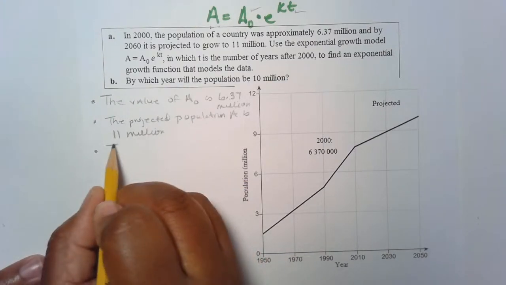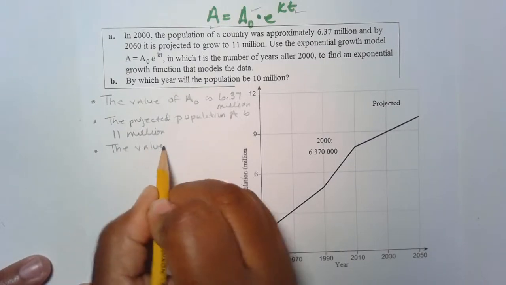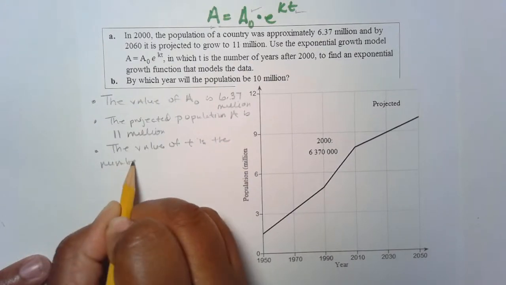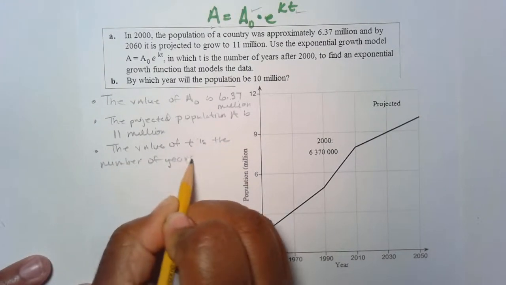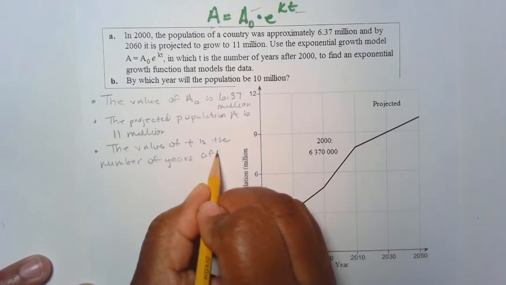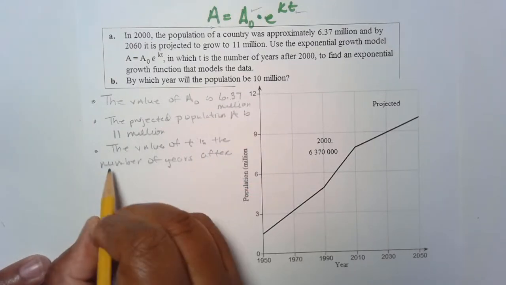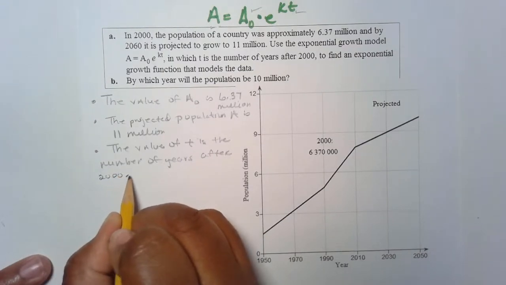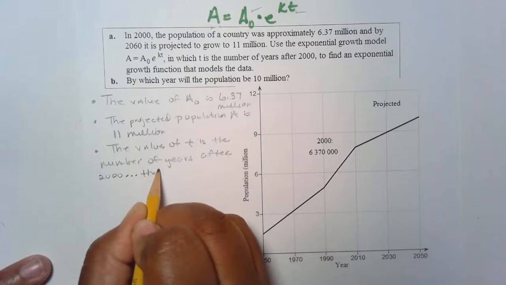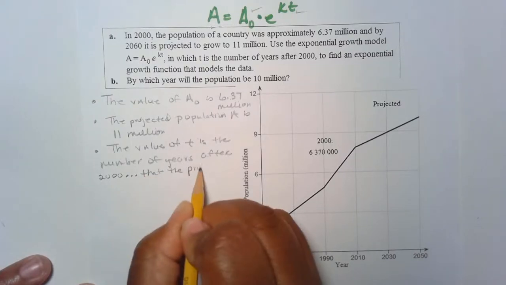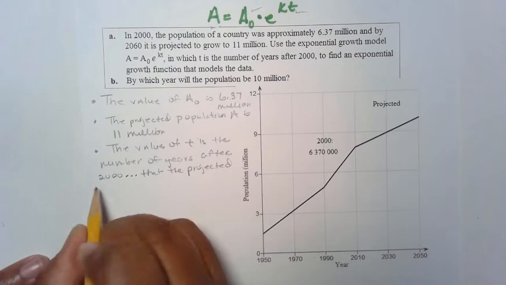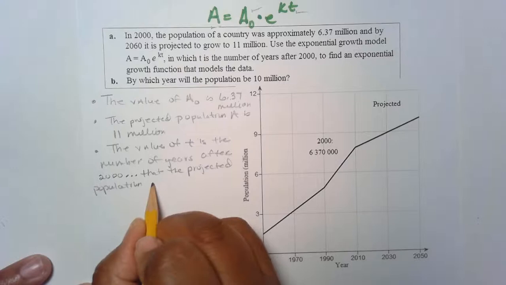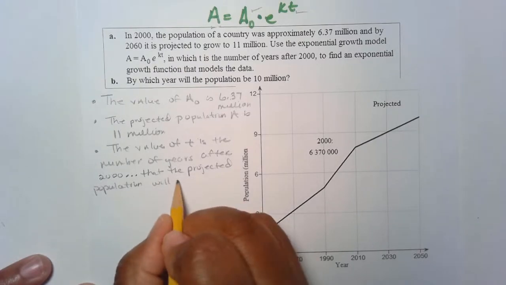Okay, so the value of t is the number of years after 2000 so that the projected population will be reached.